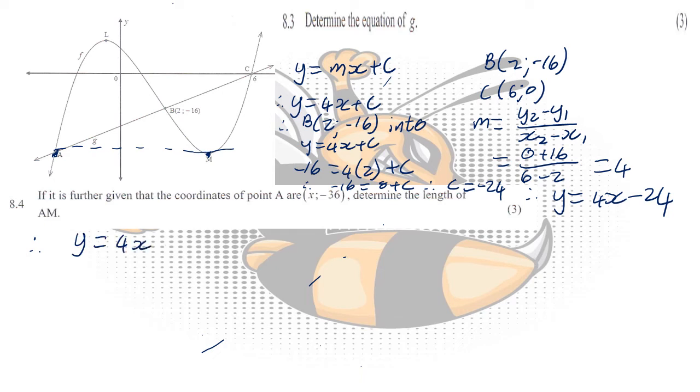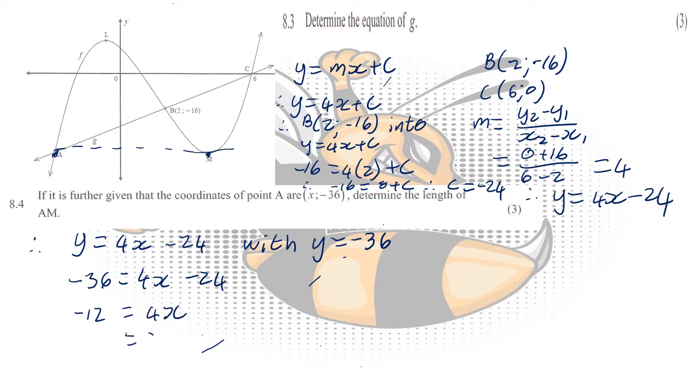So 4x minus 24 with y equal to -36. That's -36 equals 4x minus 24. So we have that -12 equals 4x, and then x is therefore equal to -3.